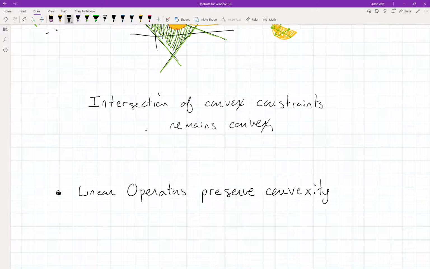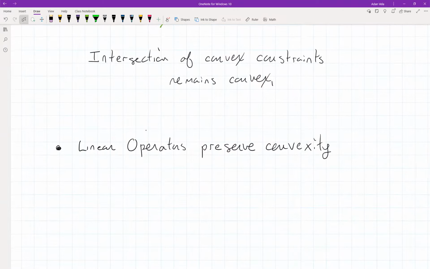And I'm not talking about linear constraints. I'm talking about passing our variables through a linear operator. So let's say I had f of x is less than or equal to c.